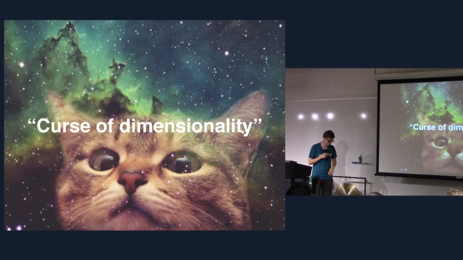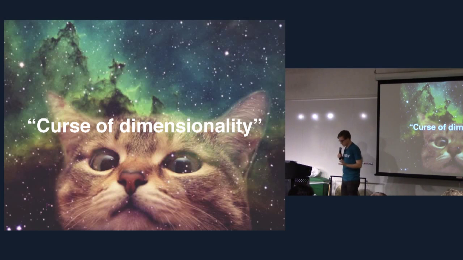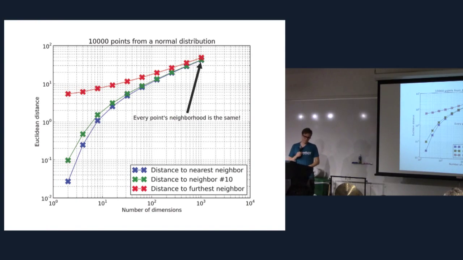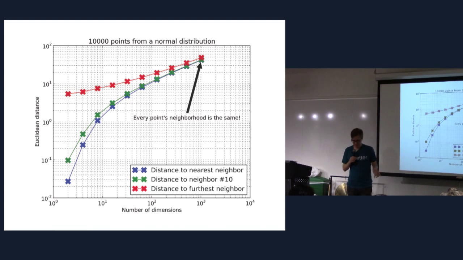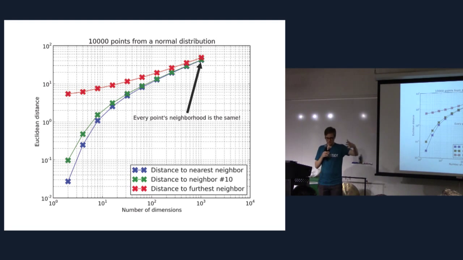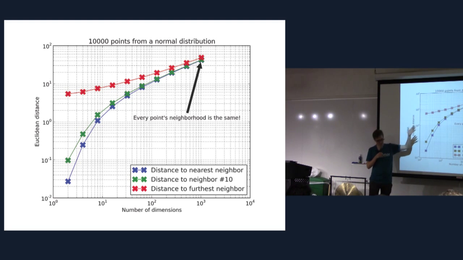Let's talk about something slightly related to that, which is the curse of dimensionality. There's this theory that predicts that in high dimensional spaces we get weird phenomena where the notion of a neighborhood kind of disappears. Here's artificial data.